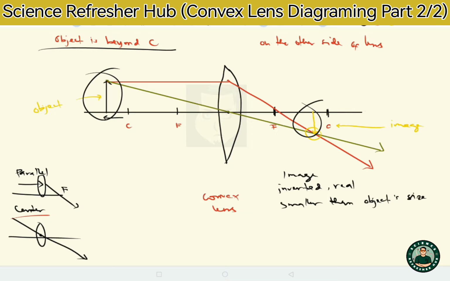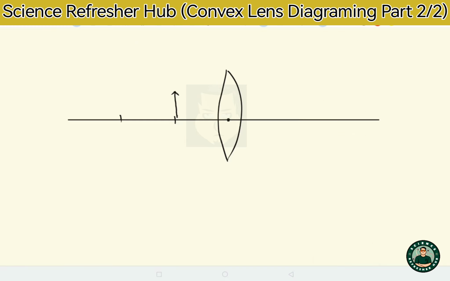And it is formed in between the center of curvature and the focal point on the other side of the lens. If you notice, it forms here, in between the focal point and the center of curvature.